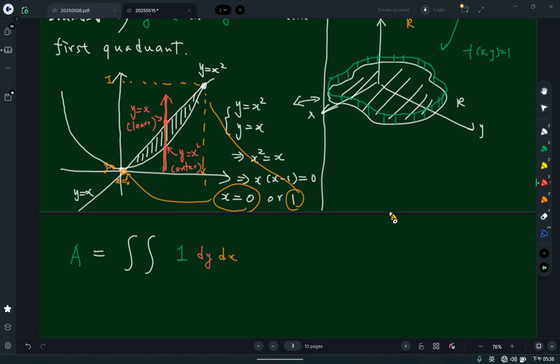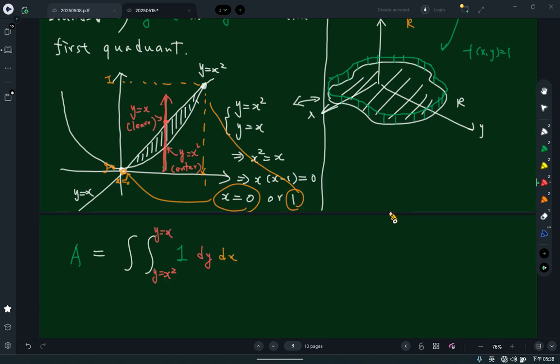From the enter point, through several small dx, small dx, small dx, then we reach the leaving point y is equal to x. So we can put y from x squared to y is equal to x.